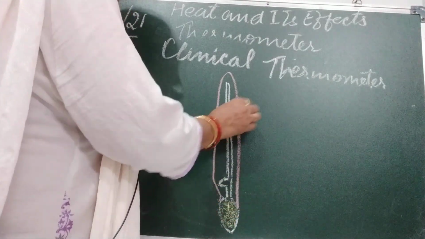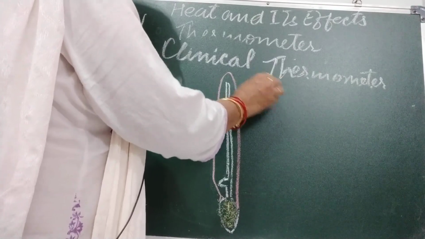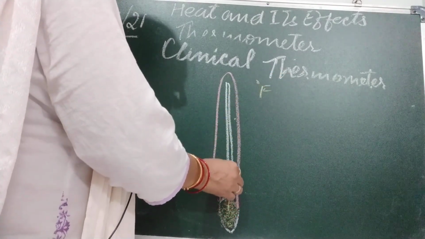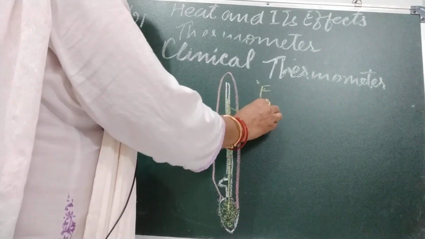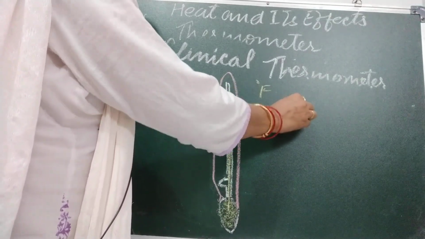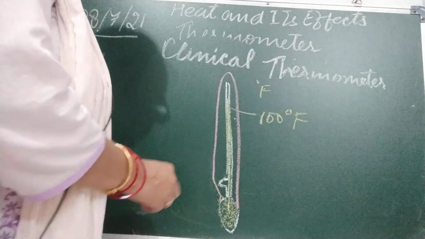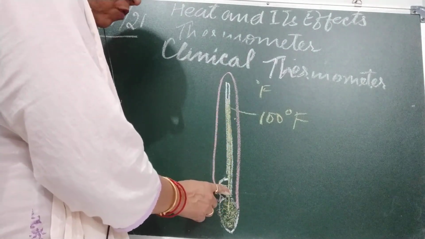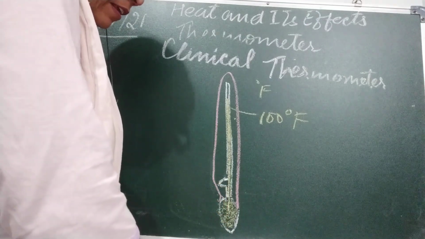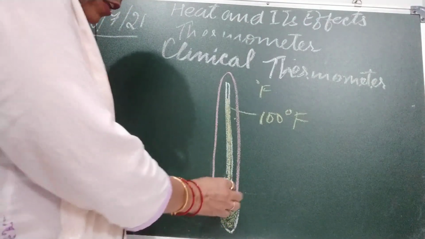As we know, the clinical thermometer is in Fahrenheit. Suppose the fever is 100 degrees Fahrenheit. But when we take it out of our mouth, what will happen? As I told you, the kink is there.